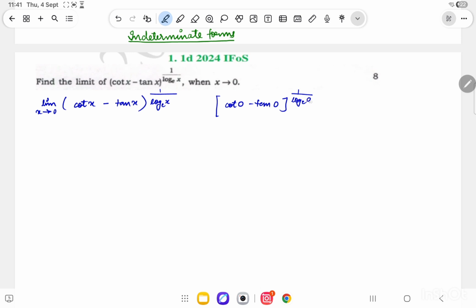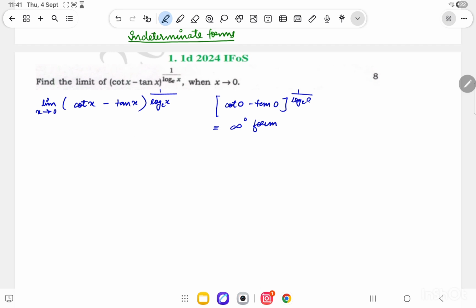Log 0 is basically minus infinity, cot 0 is infinity, and 1 upon infinity is 0. So it is an infinity upon infinity raised to 0 form. Let us see how we can solve this question.